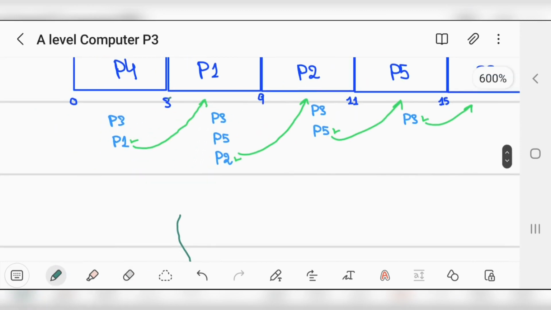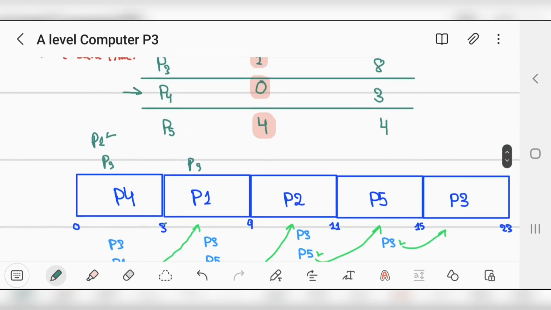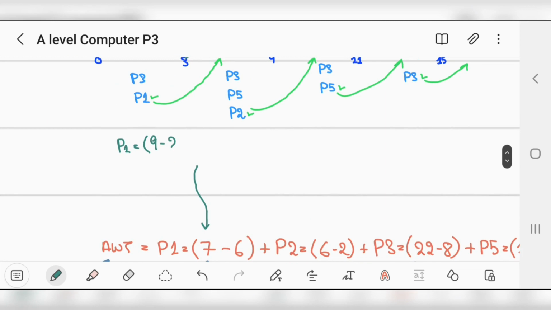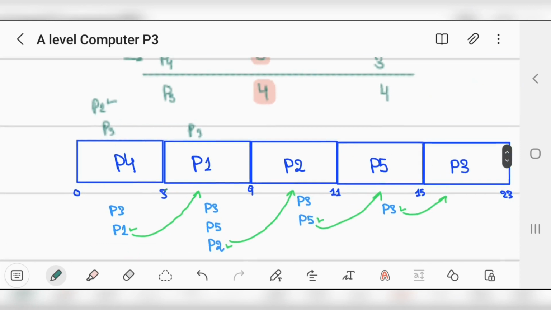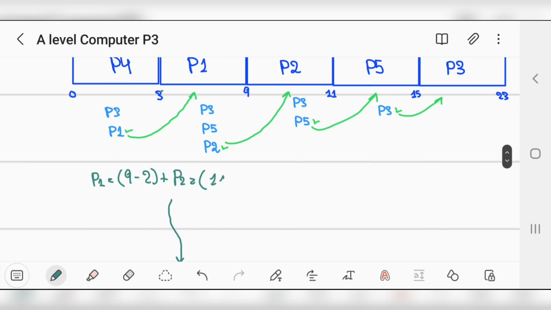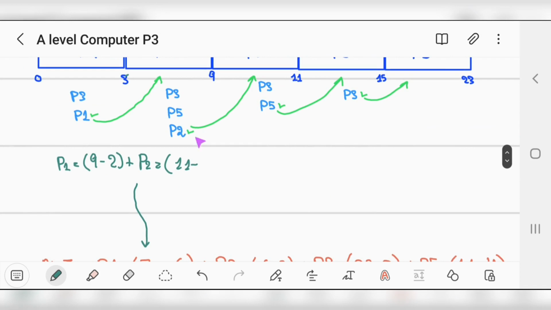So P1 is 9 minus 2. Then moving forward, for P2 the completion time is 11, it took 11 seconds to complete this process, minus the arrival time, which is 5 seconds.